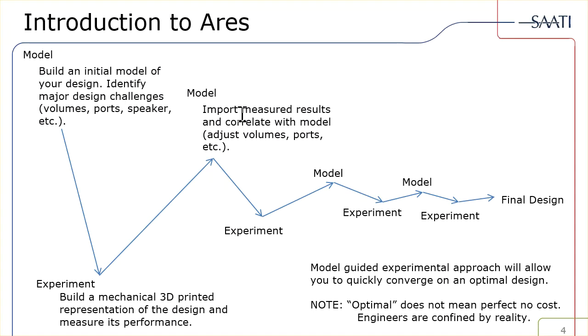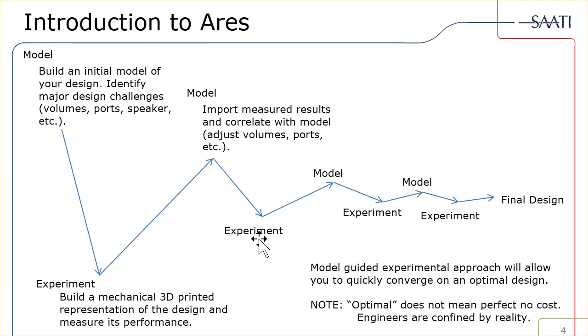Once you correlate your model to your experiment, you then typically decide what direction you want to take your design to get the desired response you're after. And that's where you use the model to help you take the next step in this iterative process.